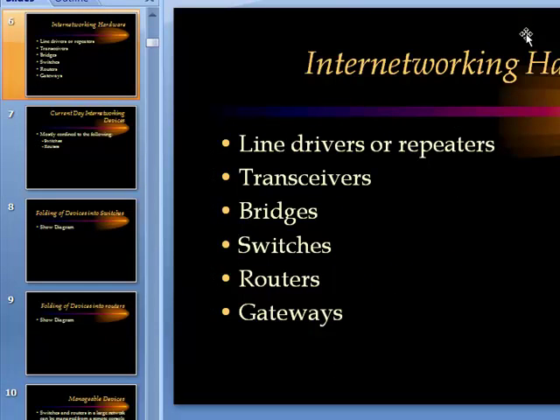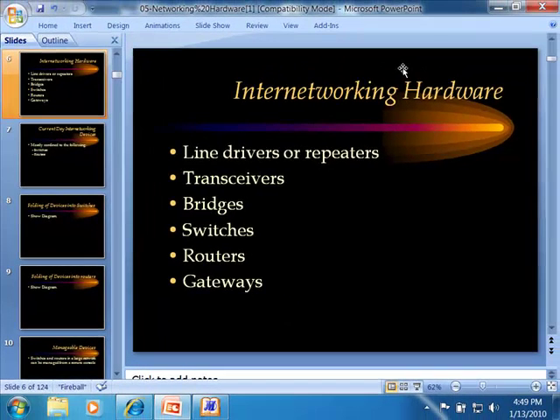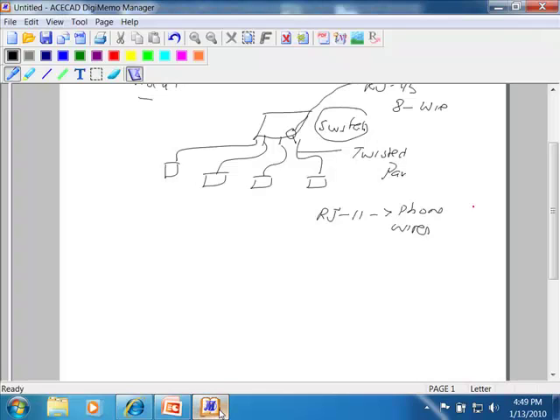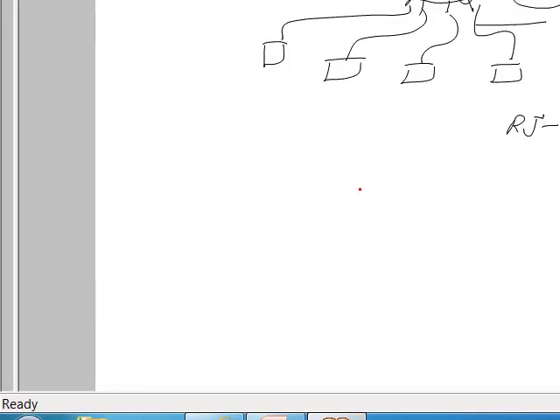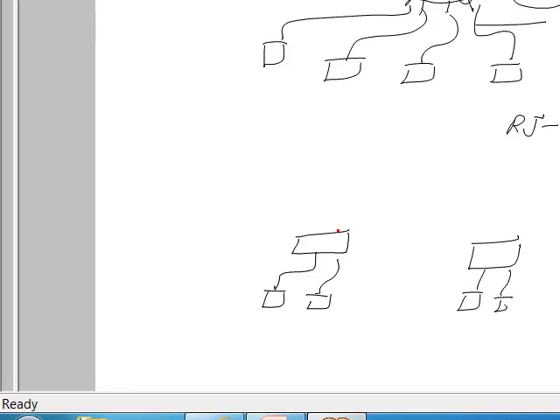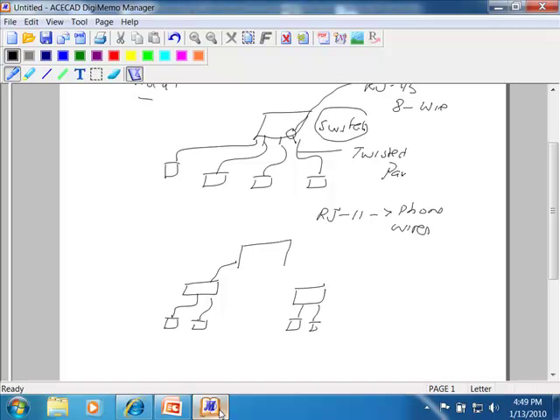Now, internetworking hardware is the hardware that is used for connecting networks together, when you are connecting two networks together. Here is an example. Let's say that you have one network here. There is another network here. If we want to connect these two networks, we will use an internetworking hardware.